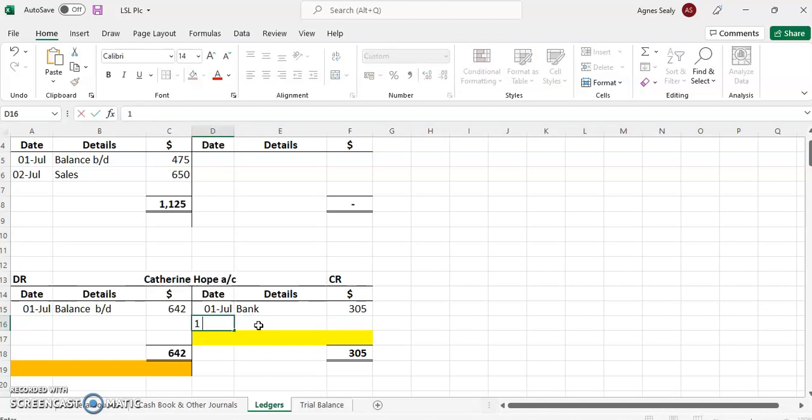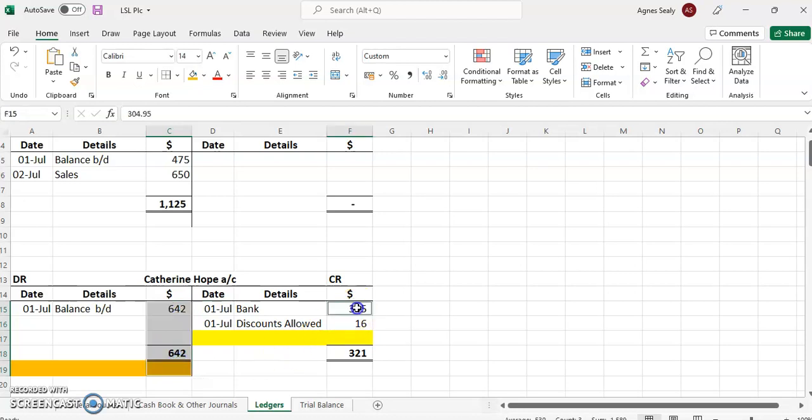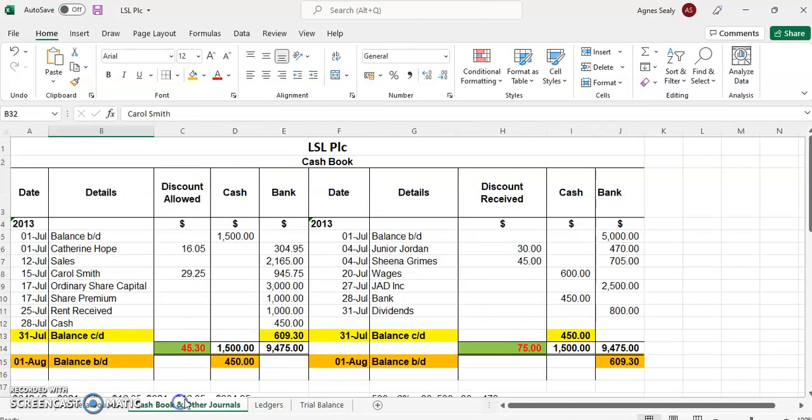And then on July 1st, discounts allowed, $16.05. So that's Catherine Hope.